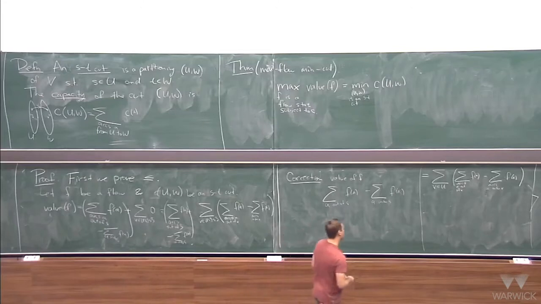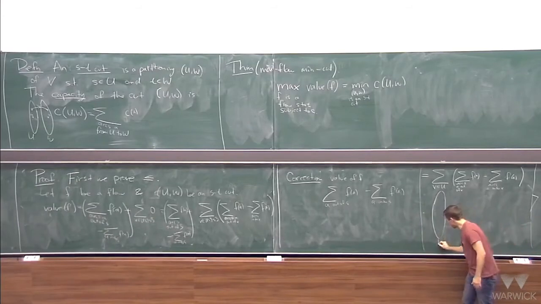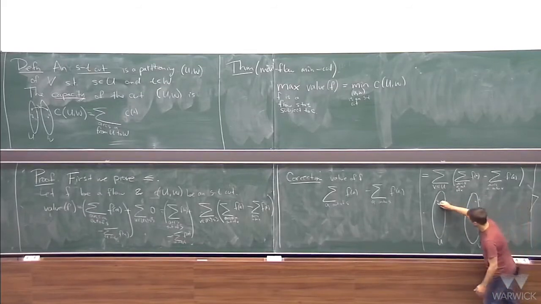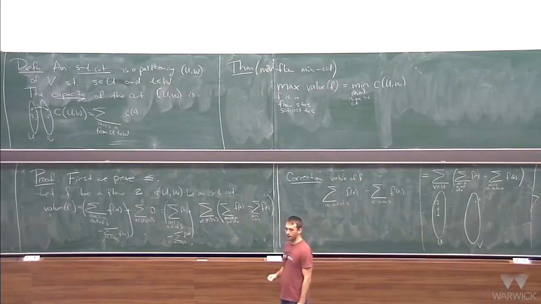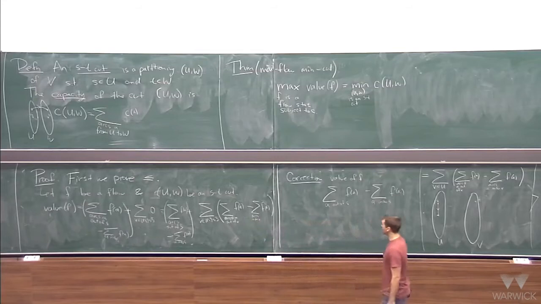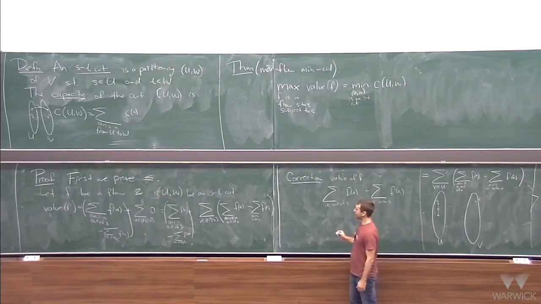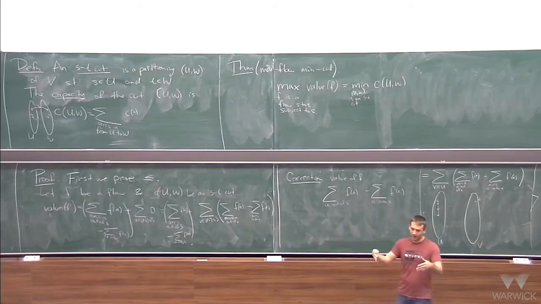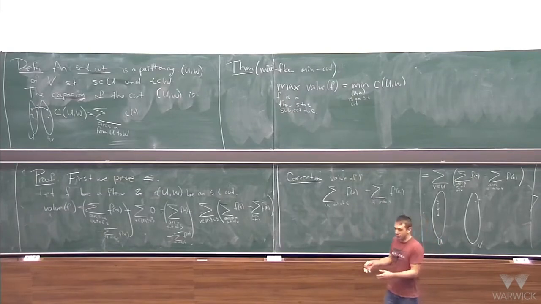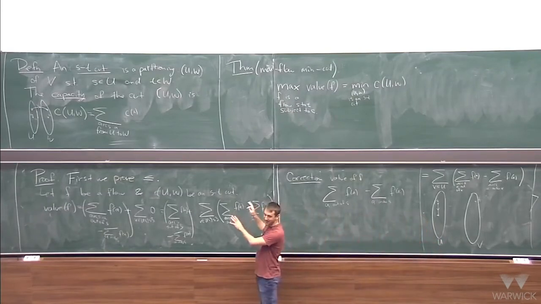Now it's useful to have a picture to see what's going to happen. Remember, we have U and V. The value of F is not going to matter here because the flow coming out of S is always going to be the same as the flow coming into T. I could have done this whole thing from the perspective of T if I wanted to.